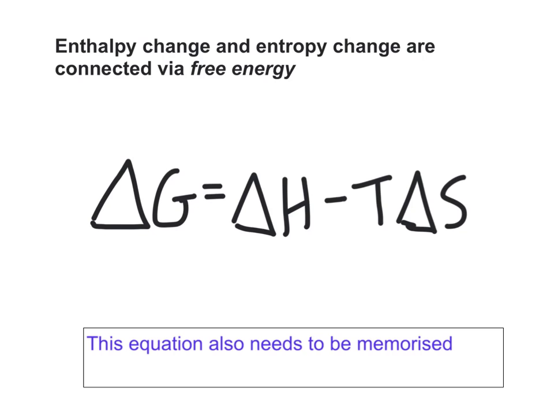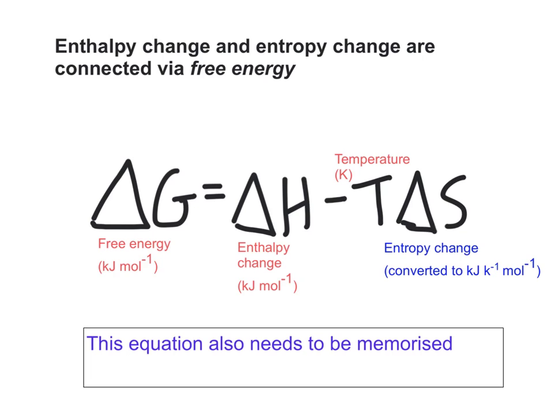So once we've got the delta S value, or the change in entropy for a reaction, we can start to work out the free energy. So you'll notice that I've drawn attention to the units, but also in particular in blue, the unit for entropy change.